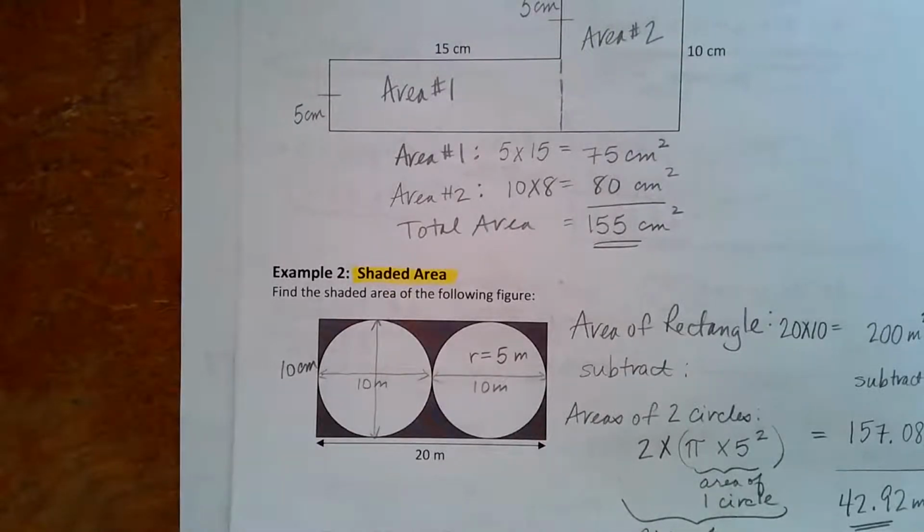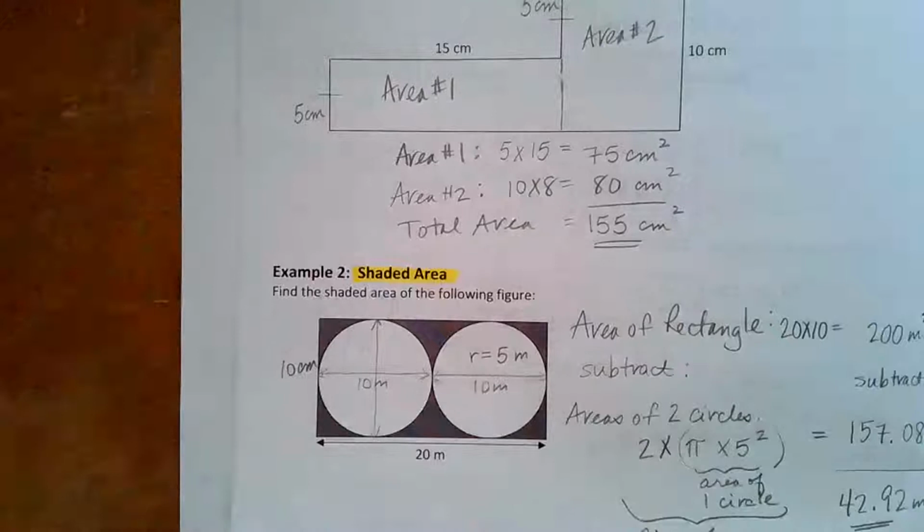In example 2, you can see we've got a rectangle mixed in with a couple of circles. So all you have to do to find the area of a shaded part is to be able to find the area of the rectangles and the circles. For shaded areas, we end up subtracting the inner shapes because we don't want the areas of the white spaces. We just want the shaded part. So that's one way to do it.